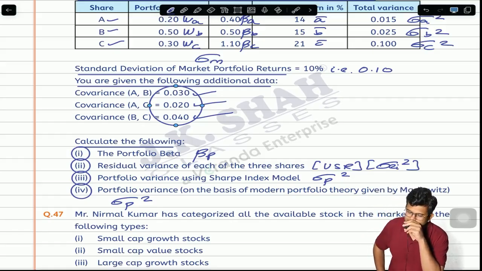Sandeep, I am saying that if they are asking you systematic risk, unsystematic risk, then the answer should be in variance only, not sigma. Systematic risk, how can it come negative? Not possible only, Adarsh. Beta is positive, sigma m square is positive, beta square into sigma m square is positive, no? How can it be negative?